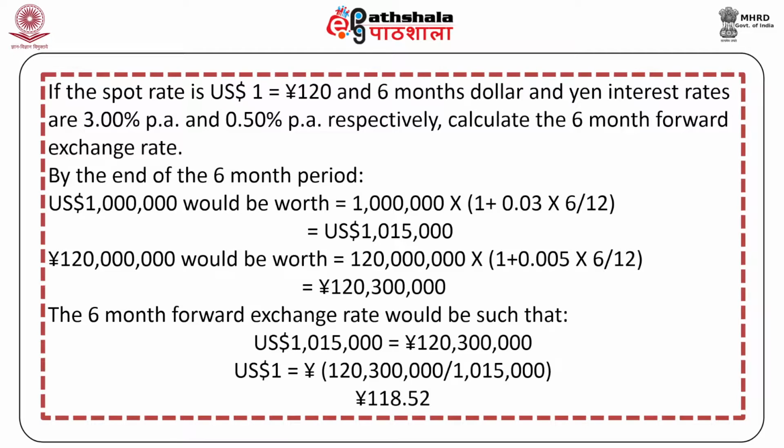By the end of the 6-month period, US $100,000 would be worth 100,000 × (1 + 0.03 × 6/12), which is equal to US $101,500.